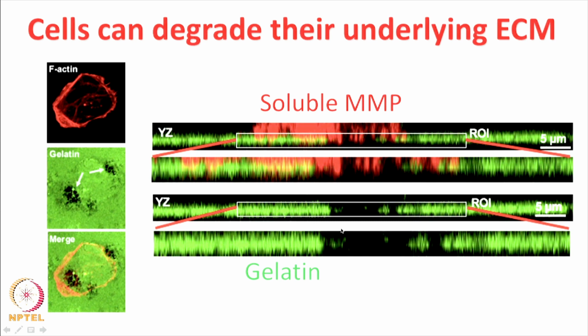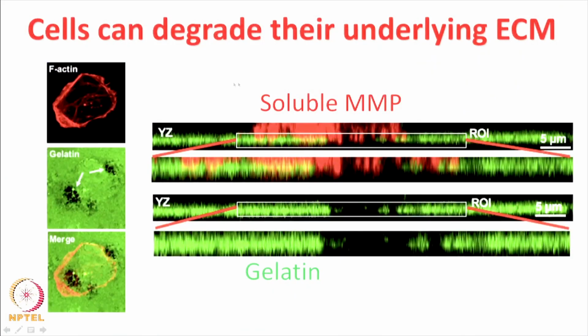So, why is degradation necessary? Degradation is necessary not just in the normal case where cells continuously remodel or reorganize the matrix, but this degradation is essential for cancer cells, in which cells spread from one position in the body to another position in the body.